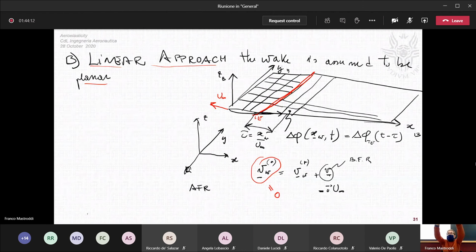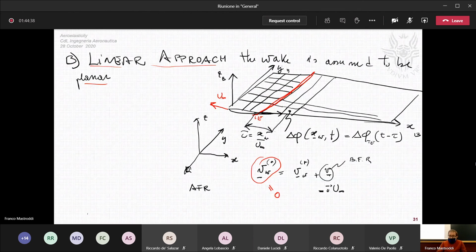The wake particle is not moving. I see the delta phi fixed in the sky. Delta phi, and the flight is gone. And therefore, the relative velocity is equal to the opposite value of the velocity of the frame of reference.